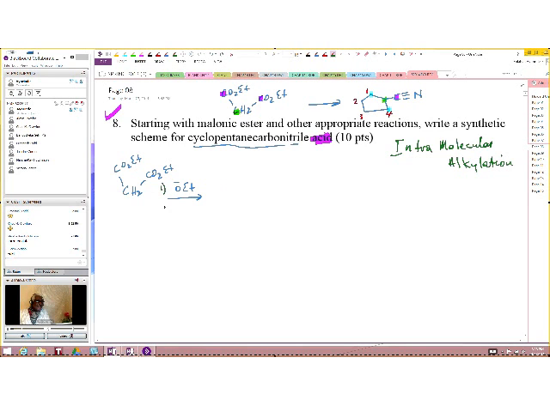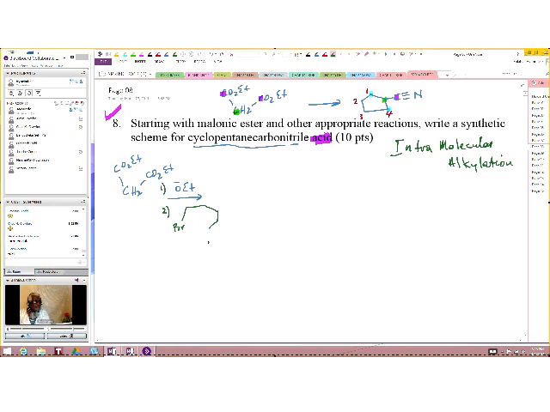Then step 2, you add your alkylating agent. That alkylating agent must be a dihalide, such as a dibromide, because you want to alkylate at the first alkylation, and then the second alkylation will have to be an intramolecular reaction.